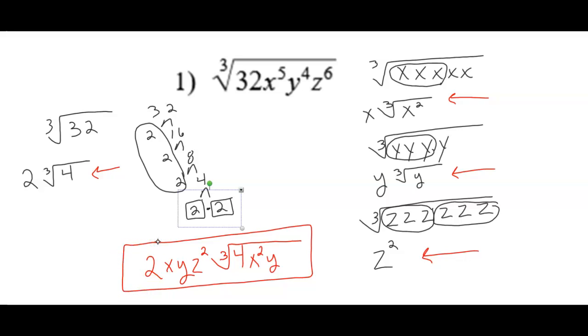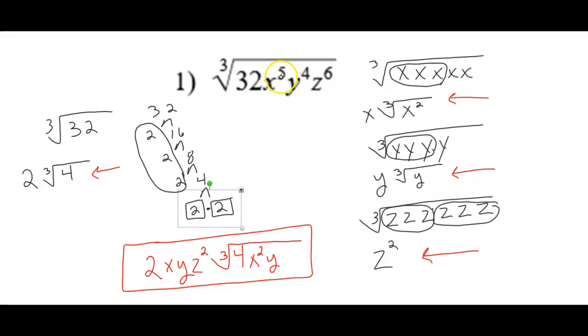There are lots of different ways to think about this. I'm not going to show it this way every time we do a problem, but this is just to illustrate to you the grouping of the variables just the same way we group our numbers. An easier way to do it is if you just take this variable.